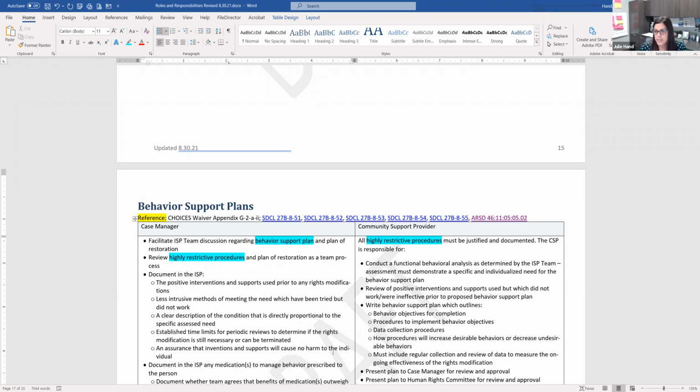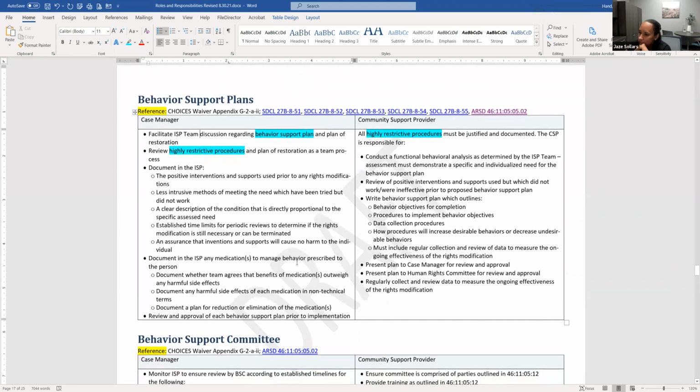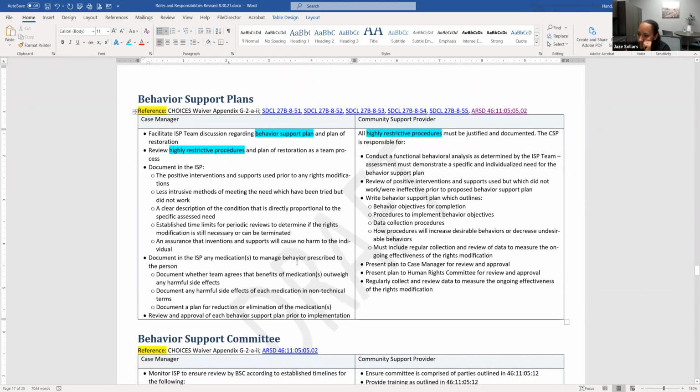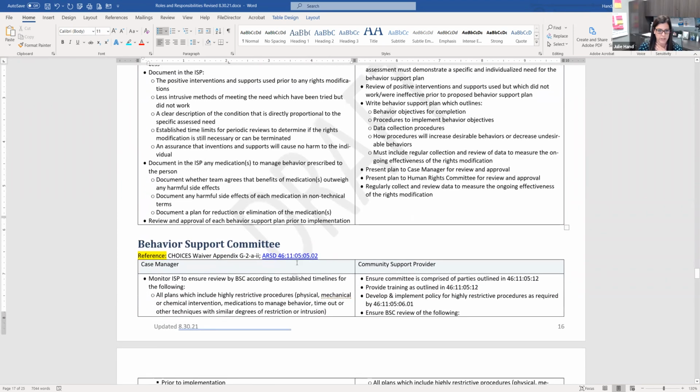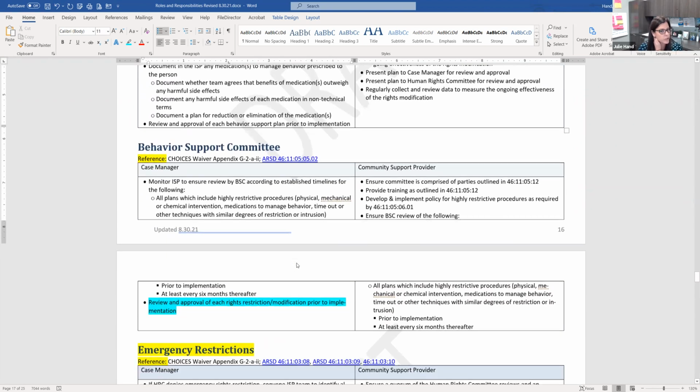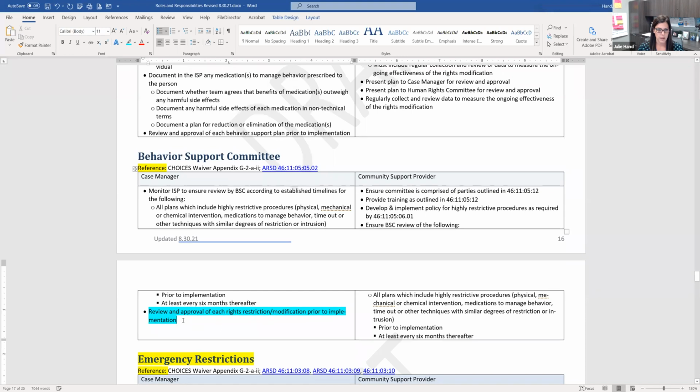Okay, Jace, did you have a chance to dig in, or will we need to do a little follow-up? Yeah, still reading. Okay. So while Jace is reading, let's scroll down into the behavior support committee portion. I think this is highlighted for the same reason that we had the review and approval highlighted in the rights restriction section.